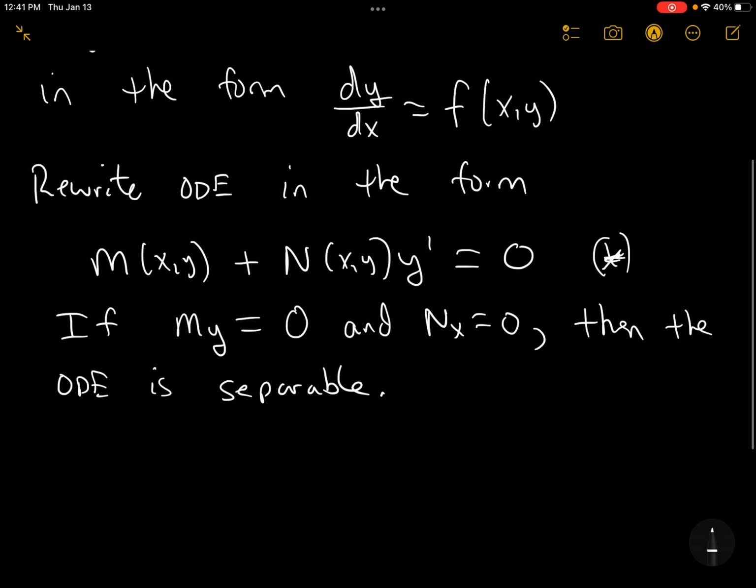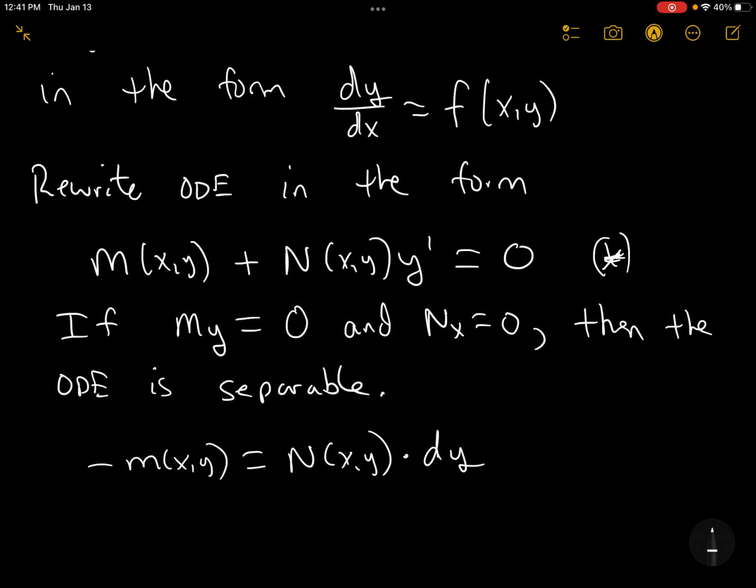In which case, this is what you do. You subtract the M from both sides, and what you get is the N function times y prime, which I'm going to write as dy/dx.